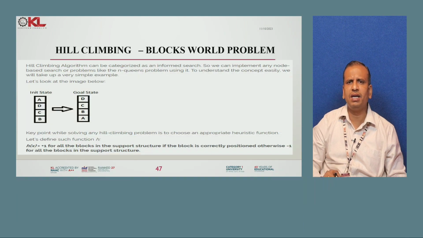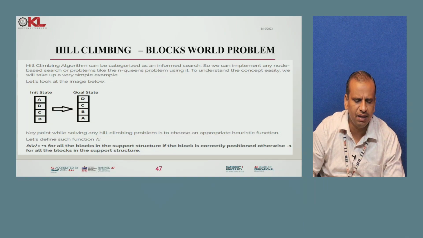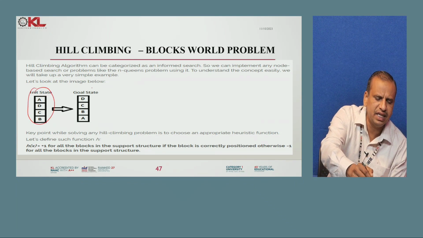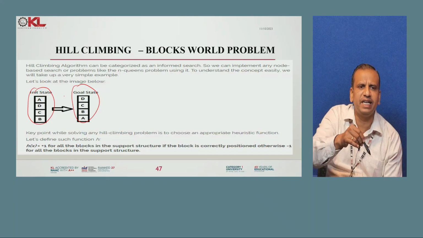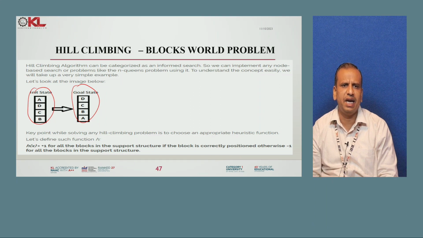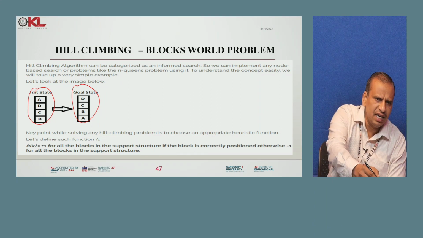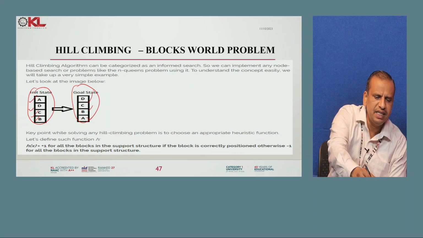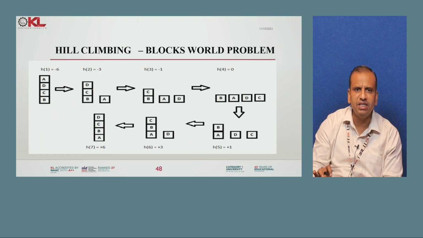Okay, now lastly I am giving a small example solution which is understandable. This is the initial state, and this is the goal state. How can we reach this by using hill climbing? Initially the towers are A, B, C, D arranged in a different order, but I want A, B, C, D. How does it work out?